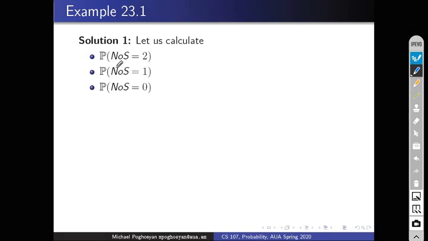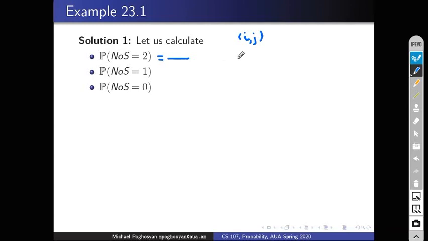Okay, and about the solution, let's solve this problem. Let's first calculate the probability that the number of 6s will be 2. We are dealing with the classical probability model with equiprobable outcomes, and our outcomes are all pairs of type ij, where i and j are running from 1 to 6 and the order matters.